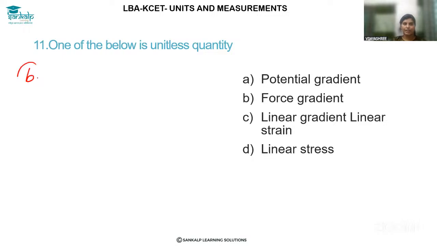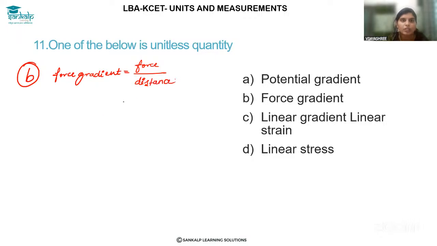Let us look at option B, force gradient. Force gradient means force divided by distance. Force gradient is equal to force divided by distance. Force is mass into acceleration divided by distance.